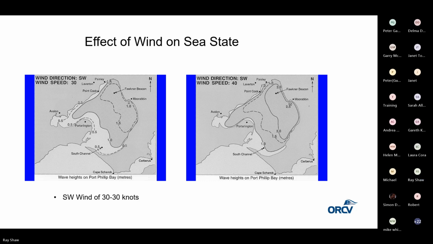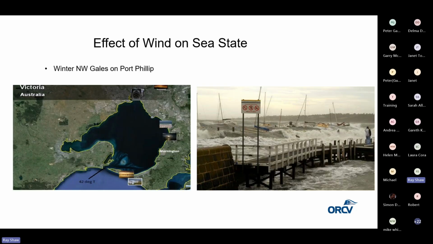So here the takeaway message is the wave heights are determined by how strong the wind is, how long it's been blowing, and over what distance the wind has been blowing in terms of determining the overall wave heights.